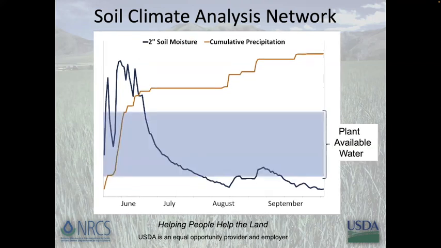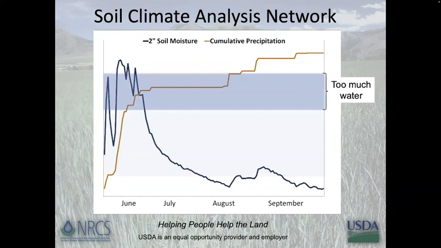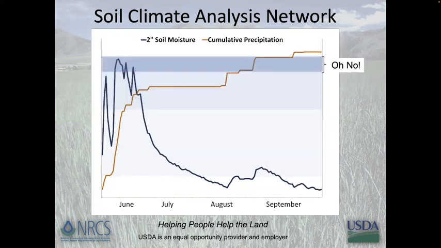But with the context provided by that soil data, you know that this is roughly the zone of plant available water. You know that it's getting to the point where there's too much water. We don't think there's such a thing in Utah really, but I guess it's true. And then you get to the point where you have no storage, and now you've got a different problem, you know, the potential for flooding.